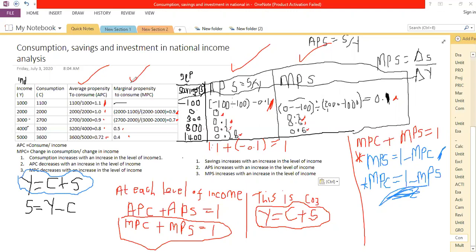I want now to introduce the concept of what we call investment.